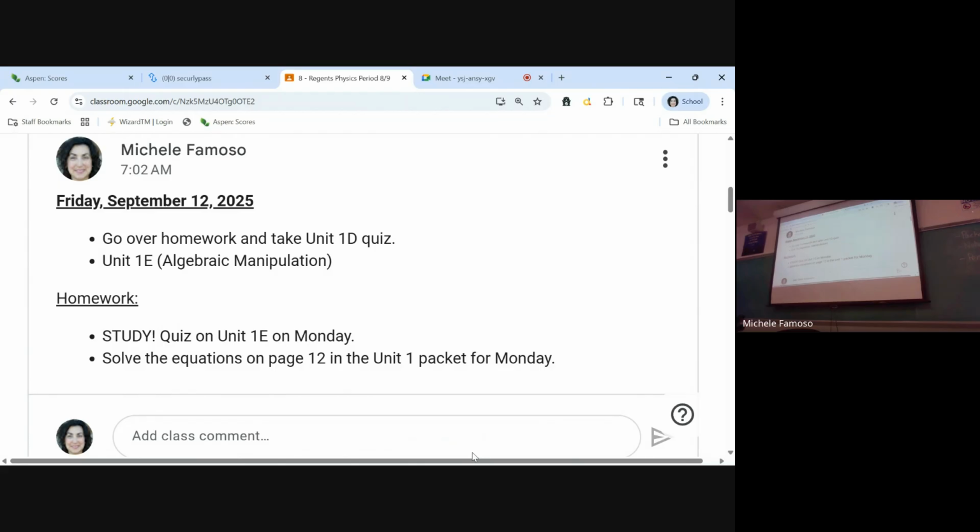When you've completed the quiz, we'll put our Chromebooks away. You will not need them for the rest of our class today. All you'll need today is your packet, your notebook, and your pencil. No calculators, no reference tables.